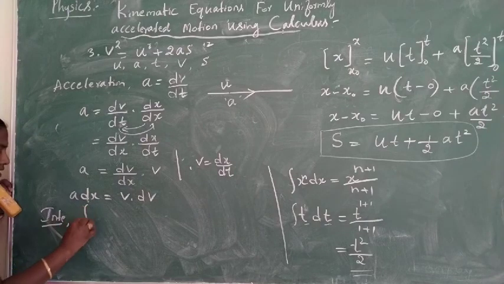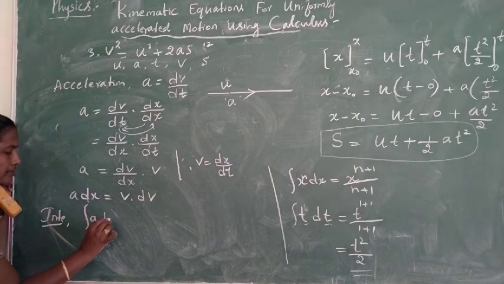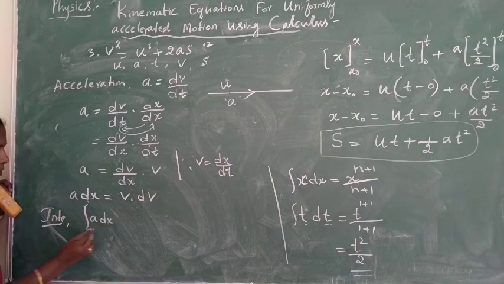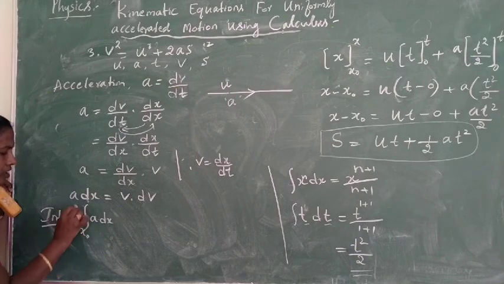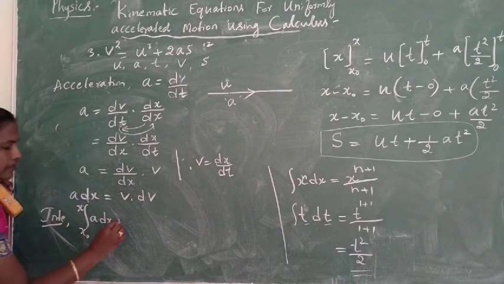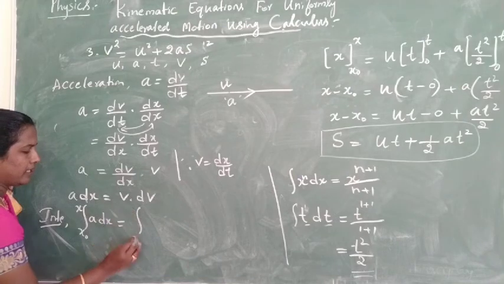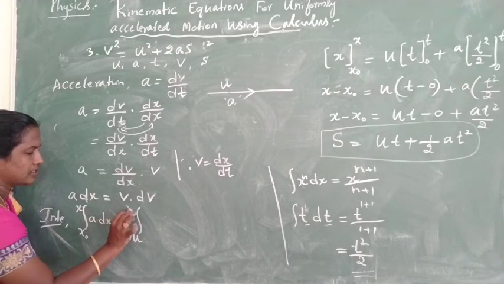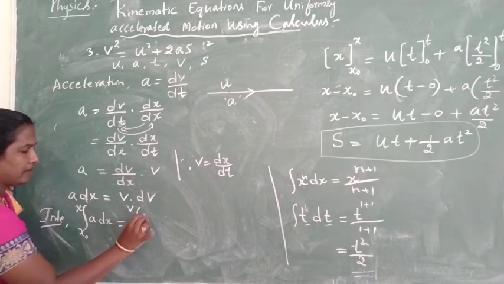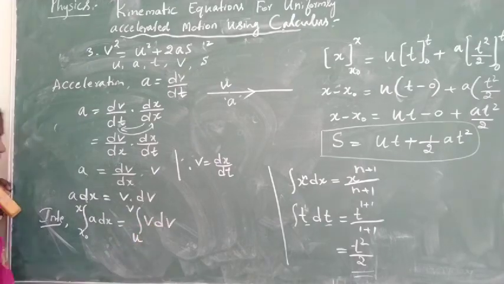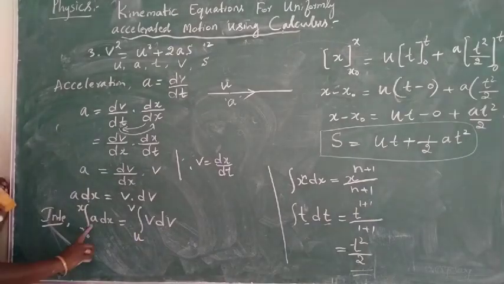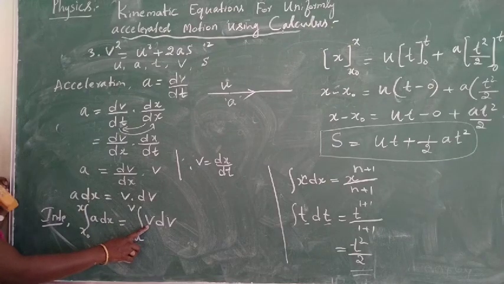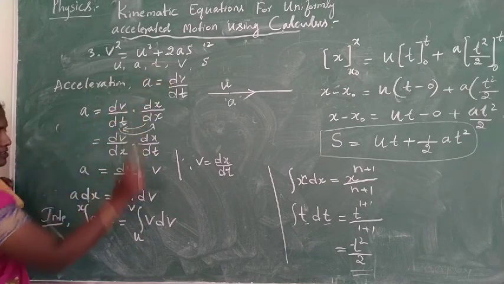Integration of a into dx, where position changes from initial position x0 to final x, is equal to integration of v into dv, where velocity changes from initial velocity u to final velocity v. In this term, a is a constant and v changes from u to v.